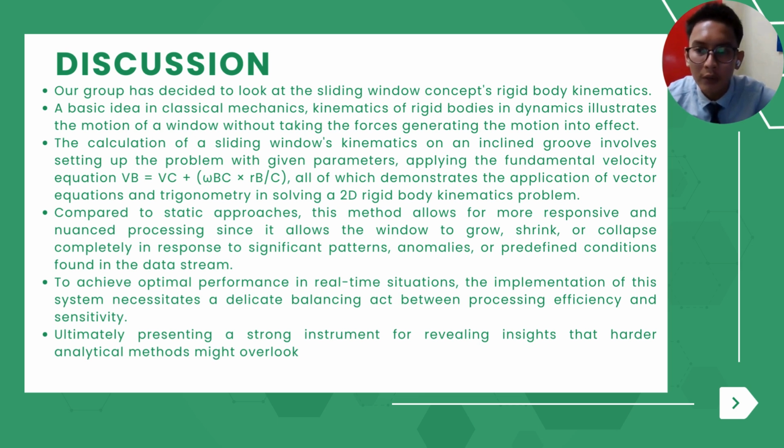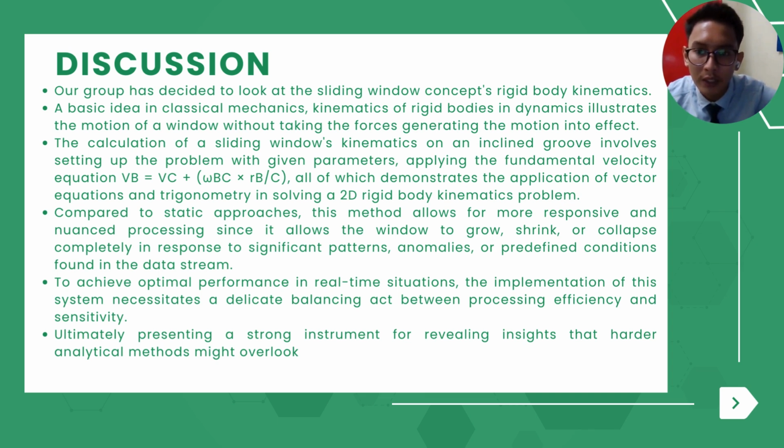Today I want to present the discussion. Our group has decided to look at the sliding window concept, rigid body kinematics. It's a basic idea in classical mechanics. Kinematics of a rigid body illustrates the motion of the window without taking the force generating the motion into effect.